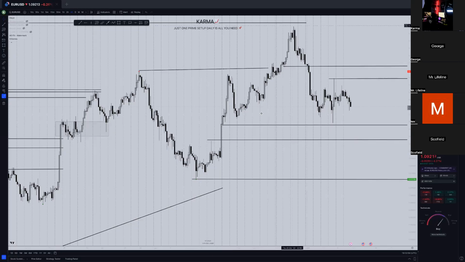We can tell that the market has a break of structure here, 1. A break of structure here, 2. A break of structure here, 3.